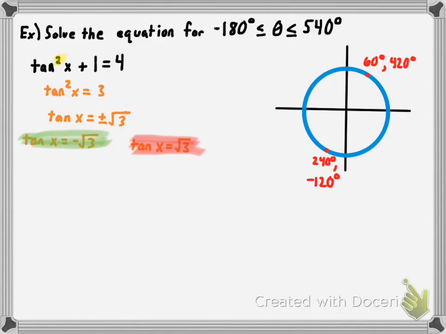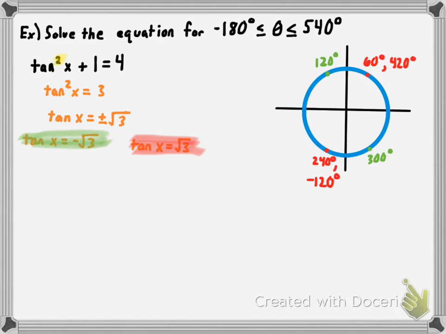They're either reflections in the x-axis or they're reflections in the y-axis for one another. Let's go with the y-axis. 120 degrees would have a tangent that's equal to negative square root of 3. Then as always, you can add 180 to that to get something else that has the same tangent value. So 300 degrees would also have a tangent that's equal to negative square root of 3.